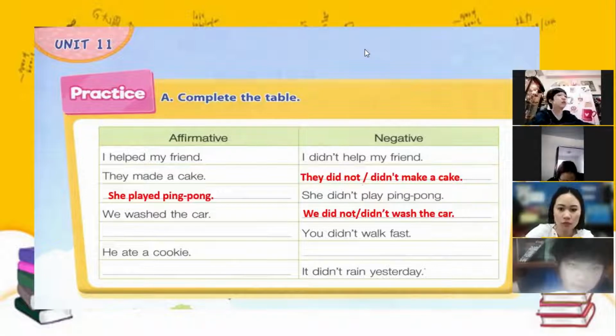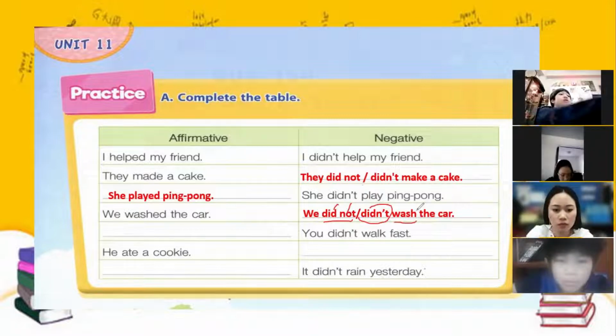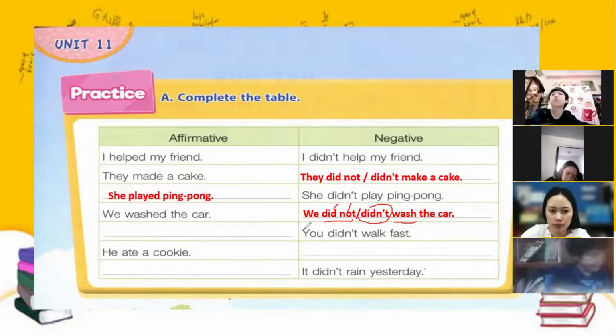Okay, very good. So we add did not, the helping verb did and not, or either we can say we didn't wash the car. So here for the verb we use the simple form, the first form, and we just remove the ed. So the correct sentence is we did not or we didn't wash the car.